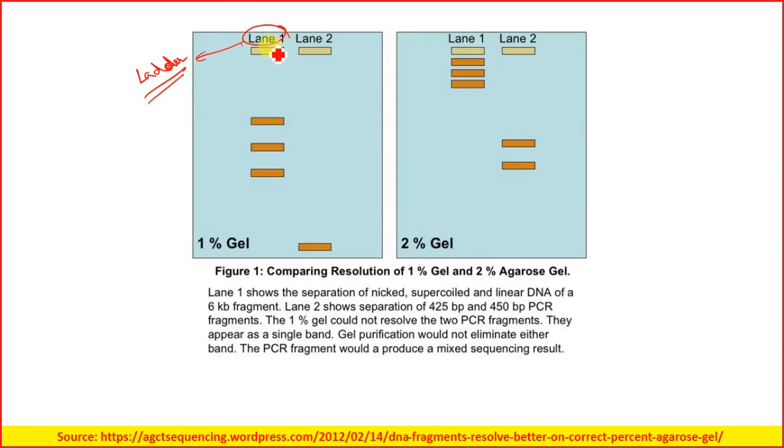A ladder is a lane where you have nucleic acid or DNA molecules of different base pairs, and we already know what the base pairs present are. So these are known. And then we have lane 2, where we have the unknown sample.